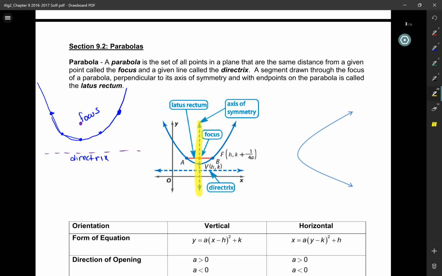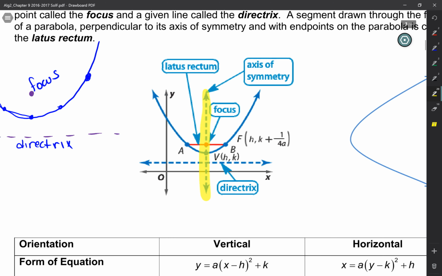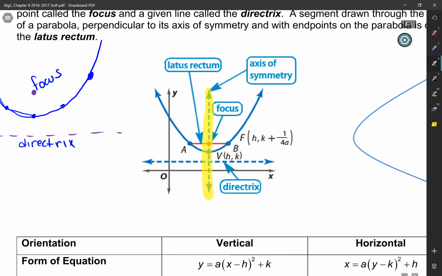Now, here is another magical concept for you. Look at that distance between the focus and the vertex, right? That distance. Guess what? That's the same distance as from the vertex to the directrix.